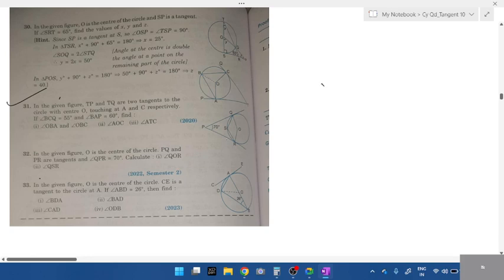In the given diagram, TP and TQ. Where is TP given? Which diagram? This is the diagram, students. Find OBA, BAP 60.